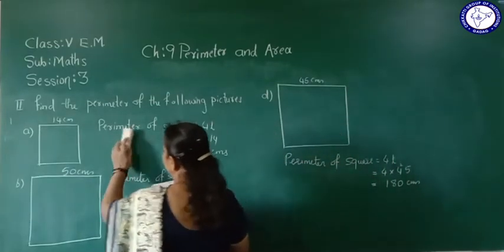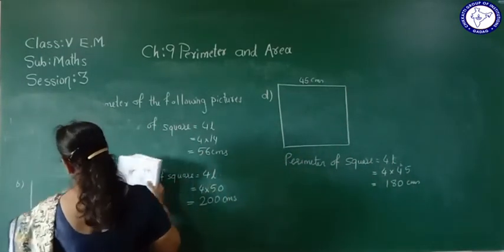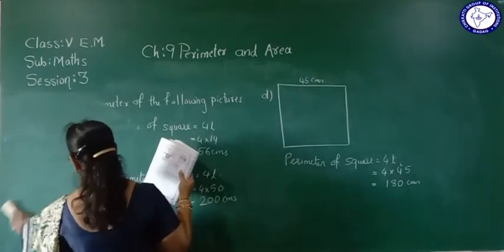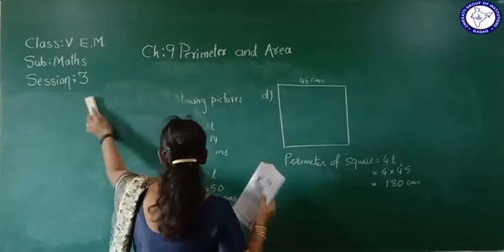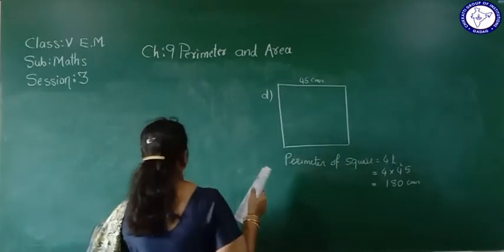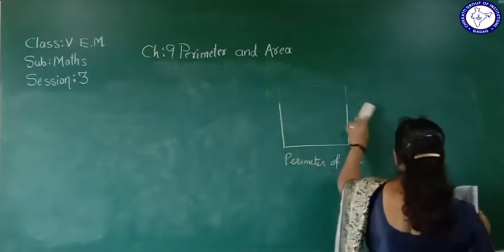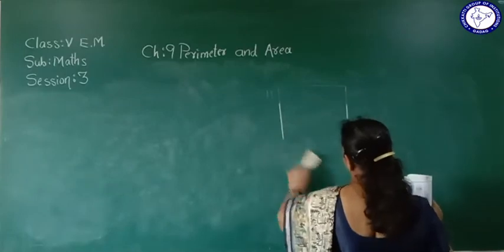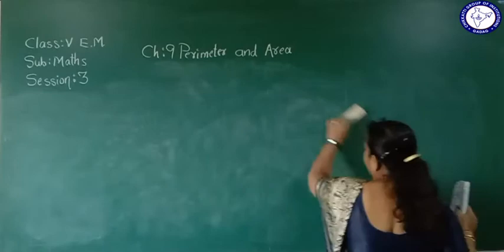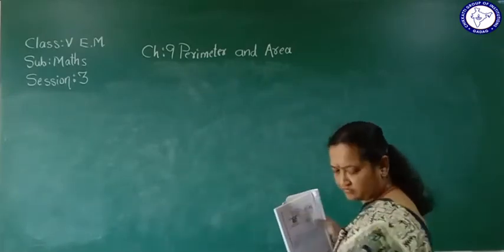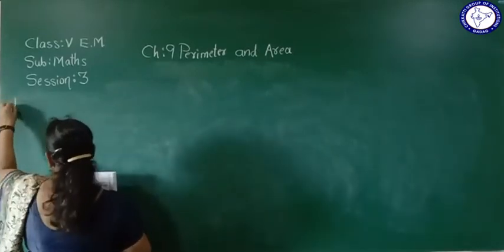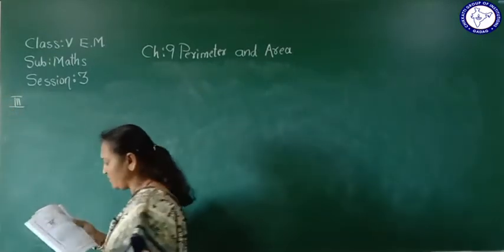Now let me go to the third main question. Again here, in the third main question, 10 different questions are given. Here we will do 5 and 5 you have to do. I am not copying the question here.